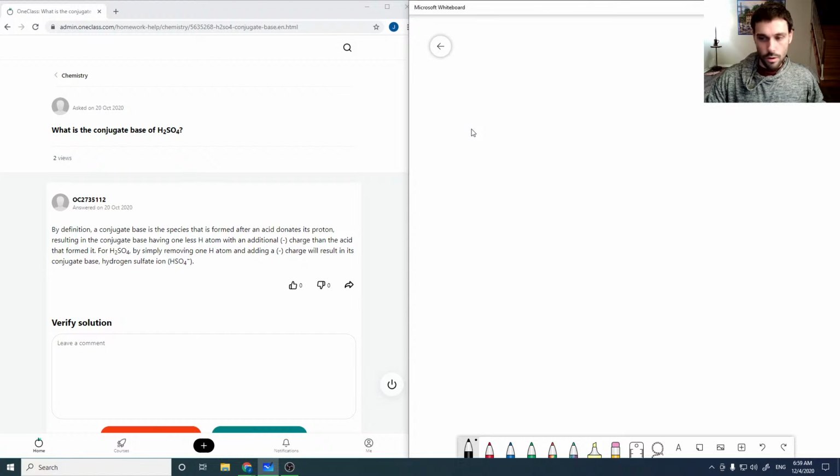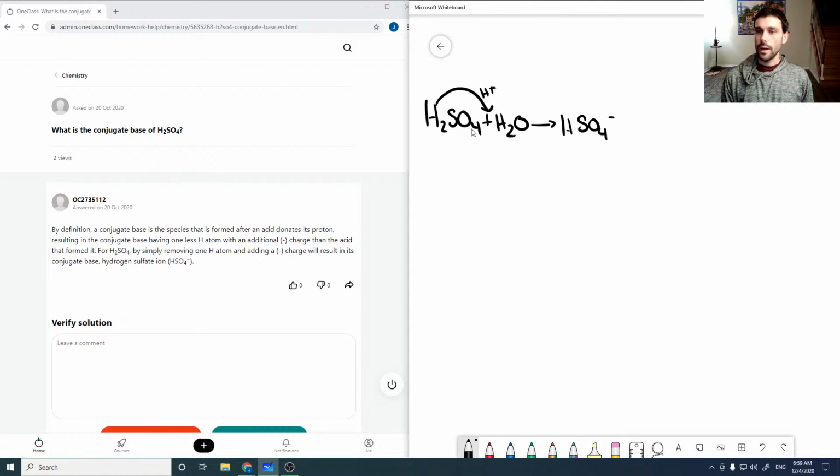Okay, so what is the conjugate base of H2SO4? So for H2SO4, this one's a strong acid, and so it's hydrogen transfer, giving HSO4 minus plus H3O plus. And these are acid-base pairs as well as these.